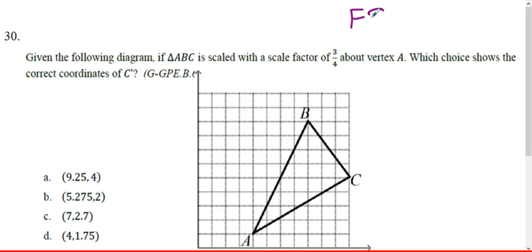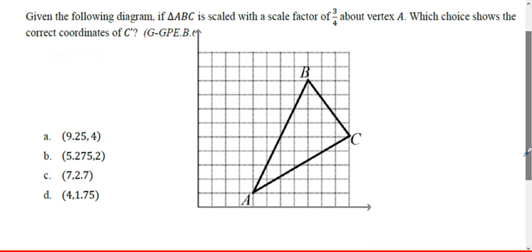And this question comes from Framework 5. If you're going with a scale factor of 3/4 about vertex A, trying to find the coordinates of C prime. So to get from A to C, you have to go up 4 and over 7.